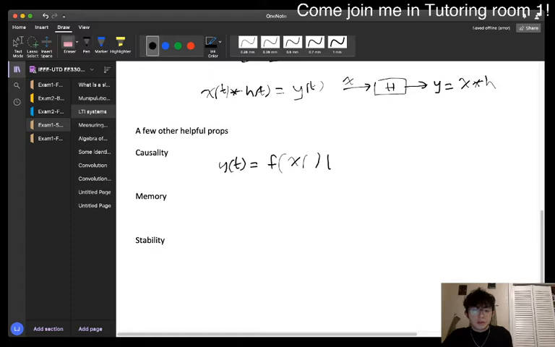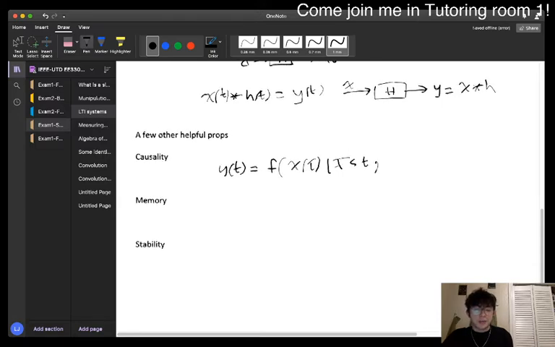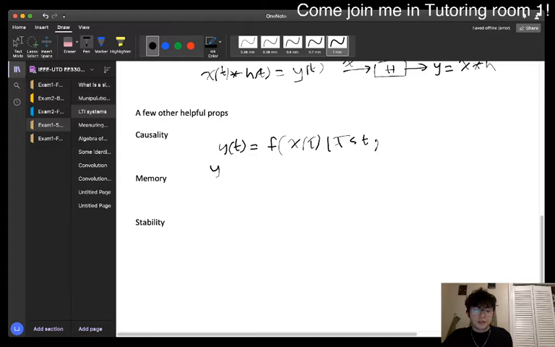It's just going to be a function of all the taus such that tau is less than t. As an example, if we have y of t equal to x of t minus 1, this is going to be causal, but if we have y of t, oh shoot, I was writing n, this should be a t, y of t.